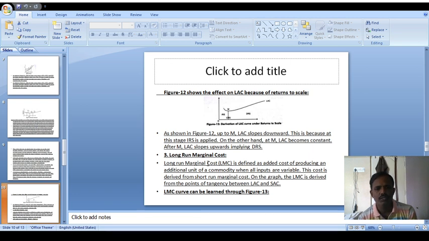Last one, long run marginal cost. Long run marginal cost is defined as the added cost of producing an additional unit of a commodity while all inputs are variable. This cost is derived from short run marginal cost. On the graph, the LMC is derived from the points of tangency between LAC and SAC.